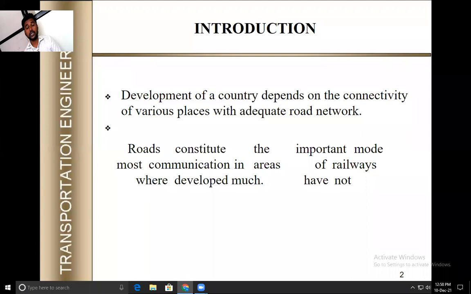So the connectivity of roads to various places matters because, as we know, to develop the economy of the country, we need to connect various places.